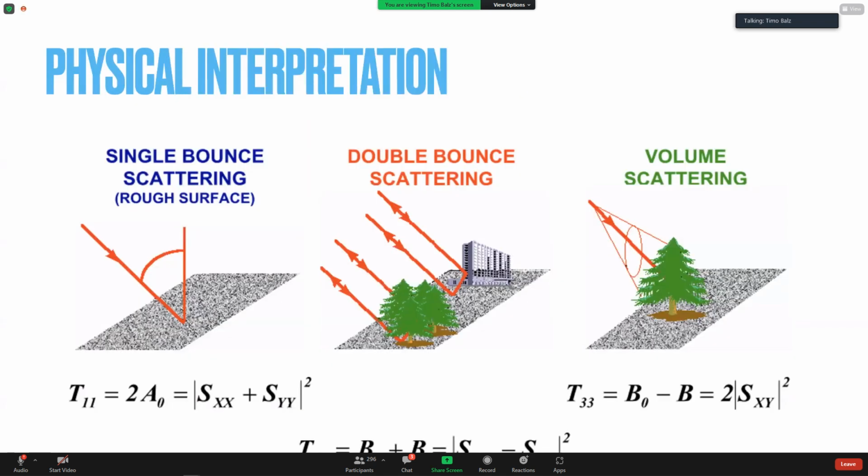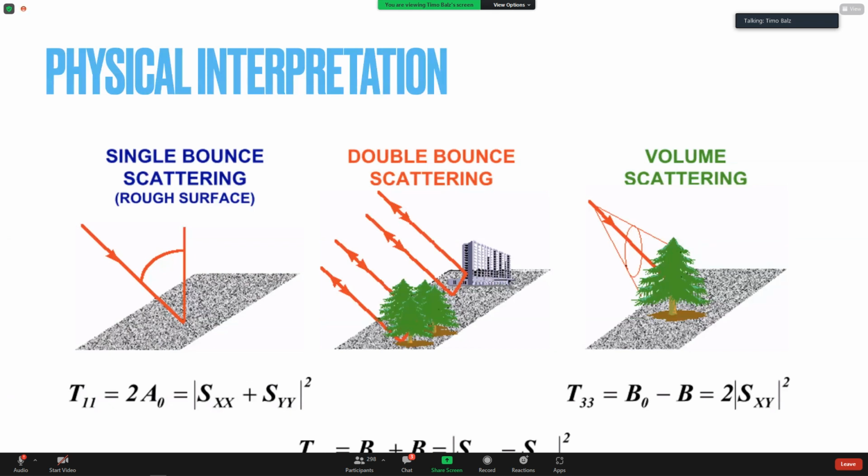There are other ways to decompose these polarization matrices and analyze the number of bounces, that is, what is physically happening with the wave. But to do that, you need the polarization information, ideally the full polarization, all 4 polarizations. Although if you only have 2 polarizations, you can also start to infer some of the information.